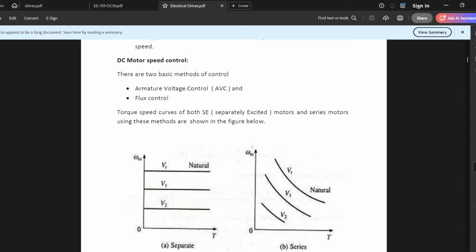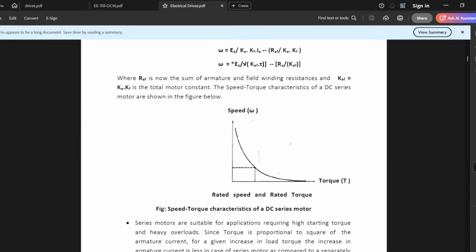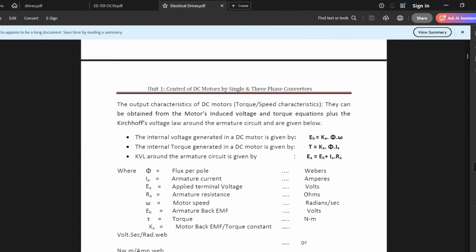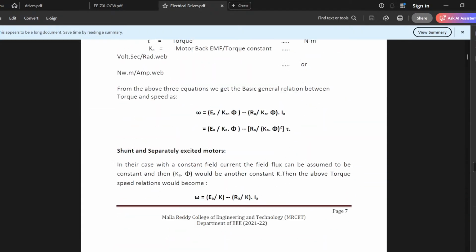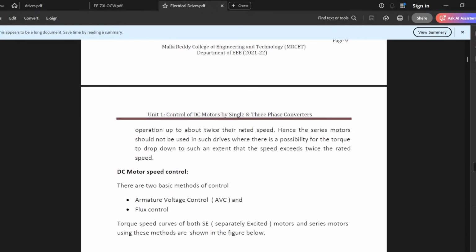Now, how can we control a DC motor? We have two methods. Guys, everyone focus. I need here armature and flux. So remember the schematic diagram. We have armature, A, and F field and armature. So in series, we have both of these together.